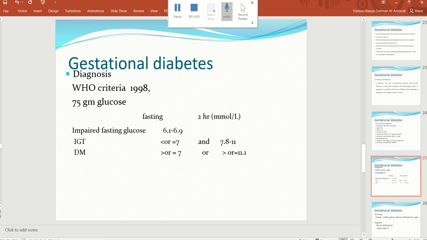If the fasting is less than 7, and the postprandial is between 7.8 and 11, this is impaired glucose tolerance. If we have very high blood sugar, fasting more than 7, or postprandial 2 hours later more than 11, this is frank diabetes.